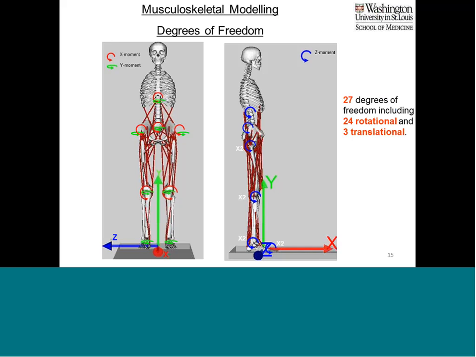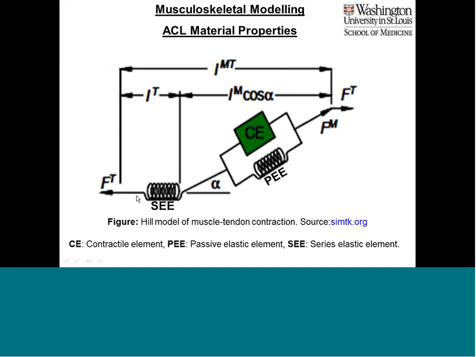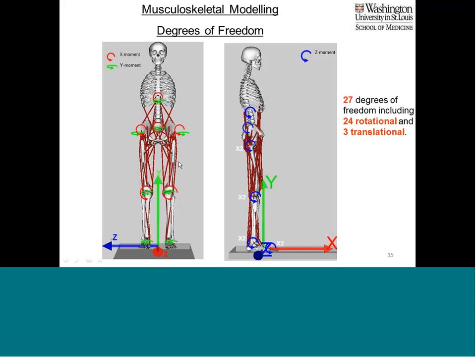What I first did was to introduce a couple of extra degrees of freedom at the knee, which included the varus-valgus, or adduction-abduction, and the internal-external rotations of the knee. My biggest challenge while doing this project was that there was no passive ligament tissue structure available in that earlier version of OpenSim, which was 2.2.